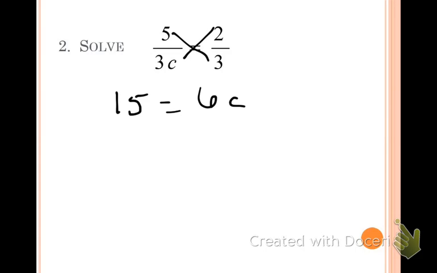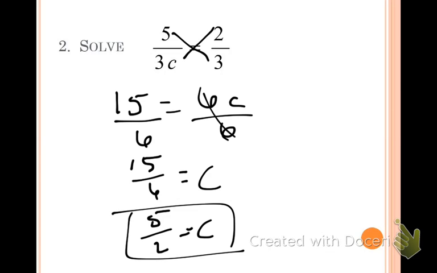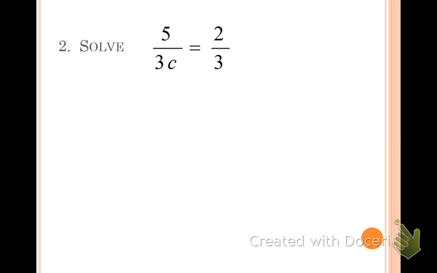And then we're just into our solving equations deal, where we're just going to divide by 6. And so c is equal to 15 over 6, or we could, of course, reduce to 5/2. Right? Anybody have issues there? Try 3 now.